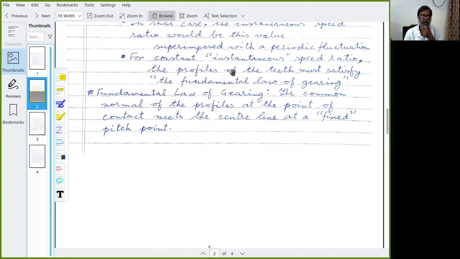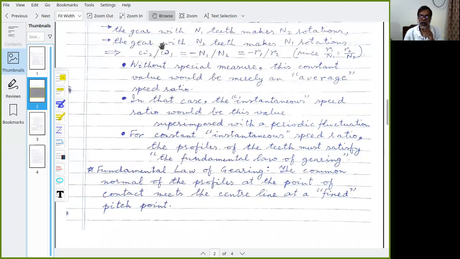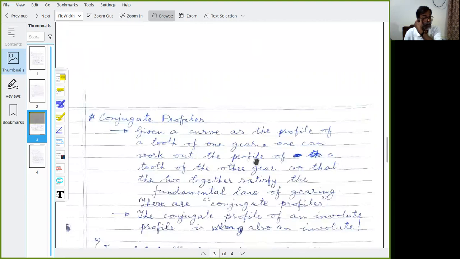This condition needs to be satisfied for the fluctuation of this to be zero. Okay. Cyclic fluctuation of that to be zero. And for that, you thought of conjugate profiles.